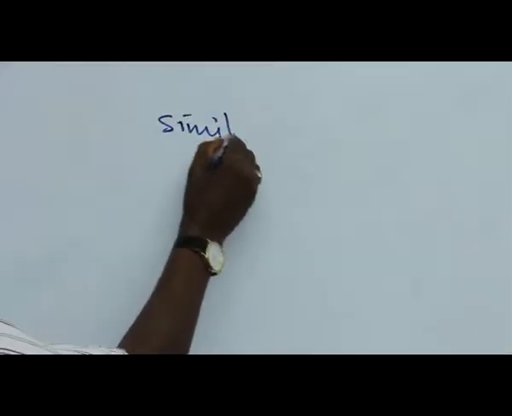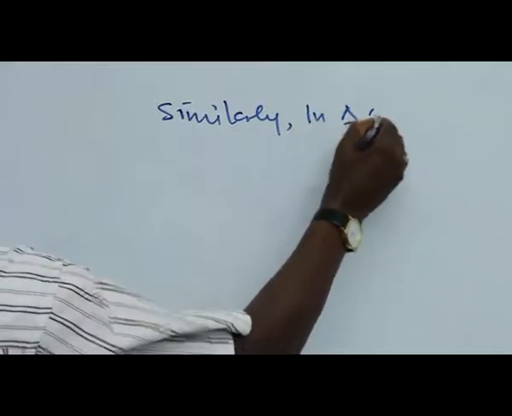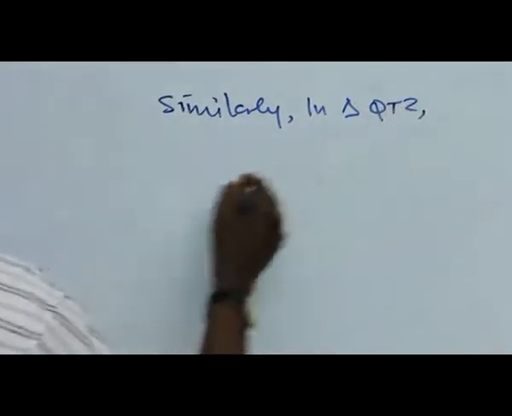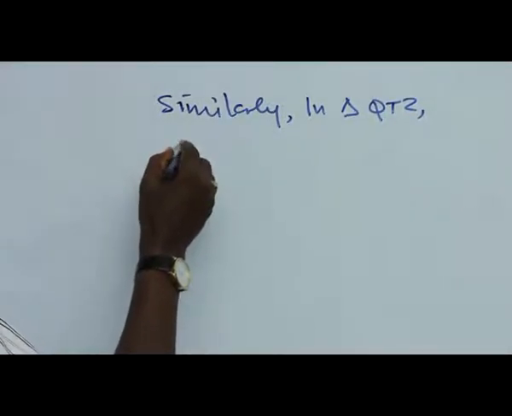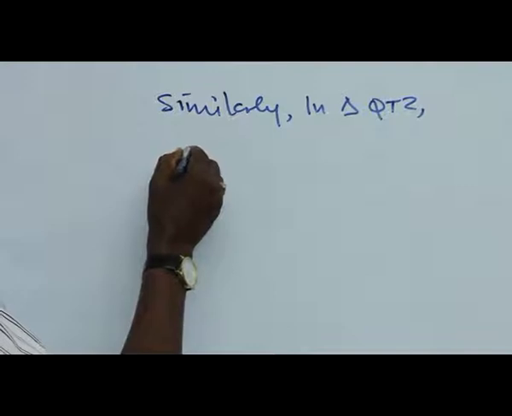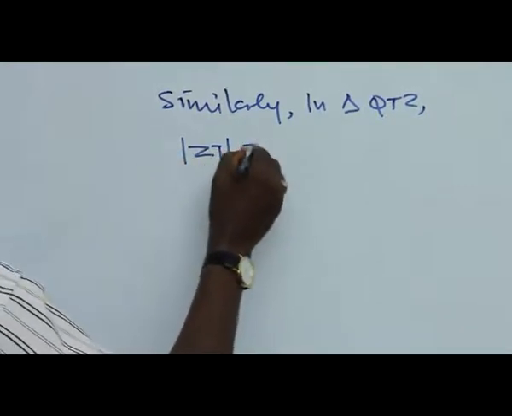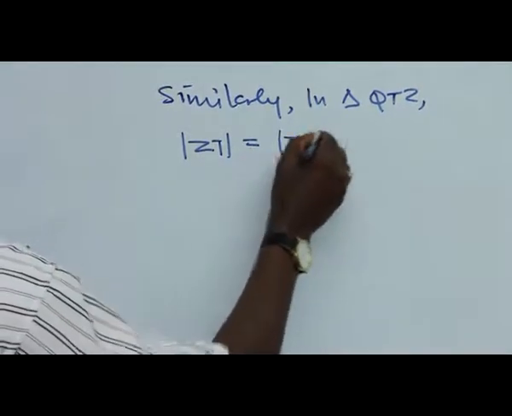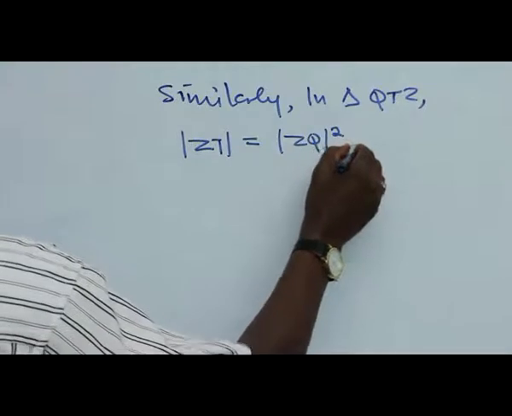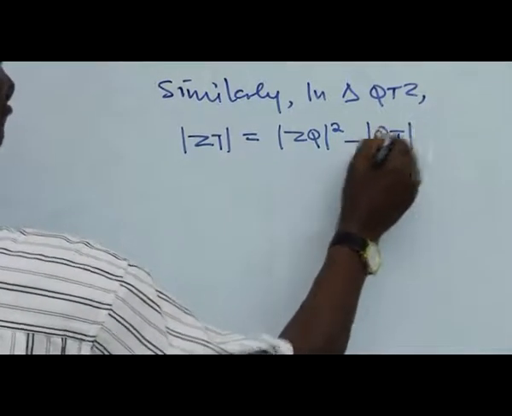Similarly, in triangle QTZ, we have that our ZT squared will be equal to ZQ all squared minus QT all squared.